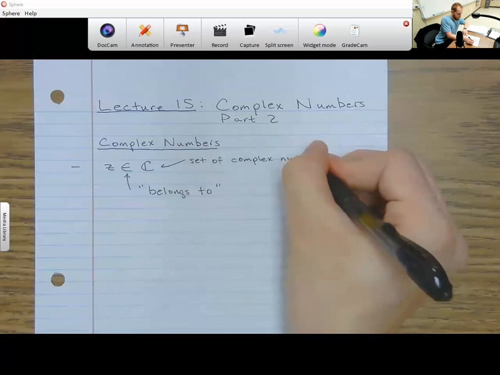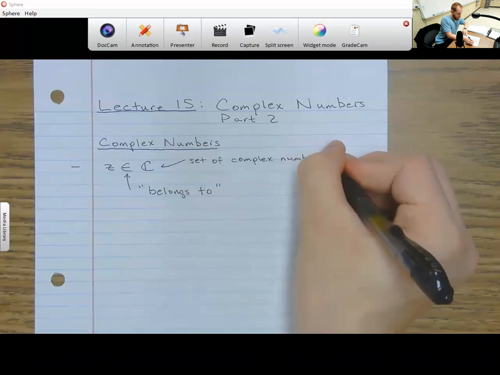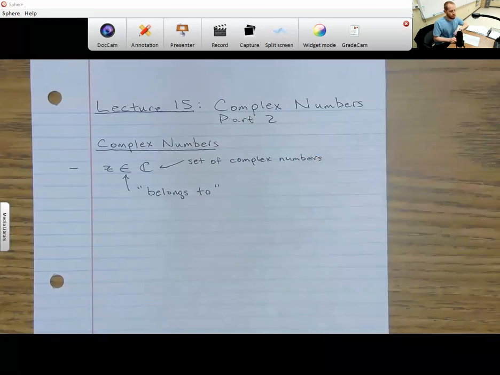So we learned last week that there were these things called number sets, and every single number set is represented by a capital letter. And for the complex numbers, we're going to use the letter C to stand for complex numbers. So basically all we're saying here is that there exists a complex number Z that belongs to the set of all complex numbers.